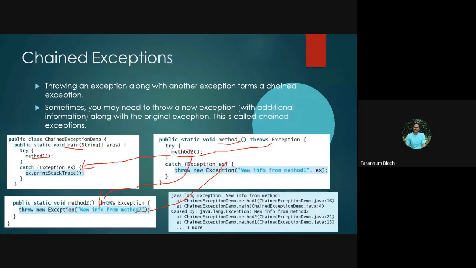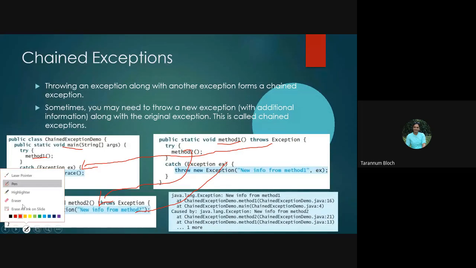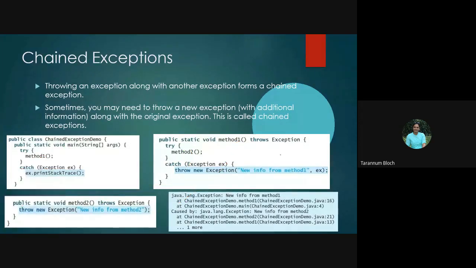Fine. What is happening? Main is calling method 1, right? If main is calling method 1, and if method 1 may throw the exception, this is the condition. So this is being caught for method 1. If method 1 is not executing properly, the exception will be caught by the main method over here. But when the main method is calling method 1 and method 1 starts the execution, it calls method 2.